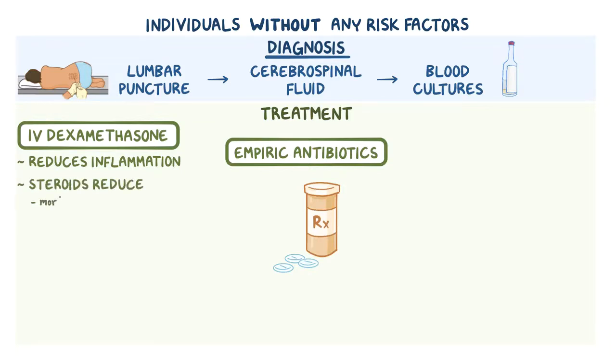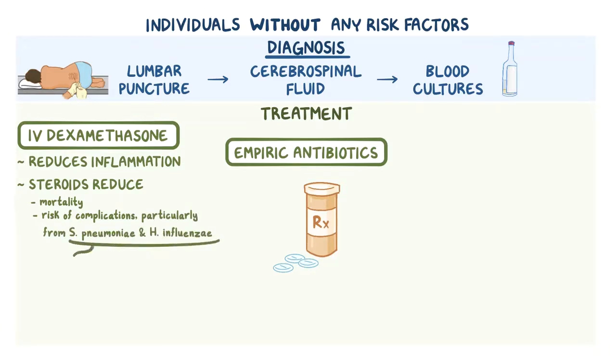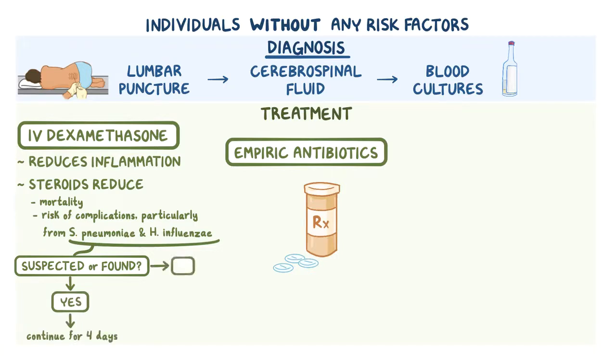Steroids decrease mortality and the risk of complications like hearing loss, cranial nerve palsies, and seizures, particularly from Streptococcus pneumoniae, as well as Haemophilus influenzae in children. So, if these pathogens are suspected or found on the gram stain culture, then dexamethasone is continued for 4 days. If not, the IV dexamethasone is stopped.